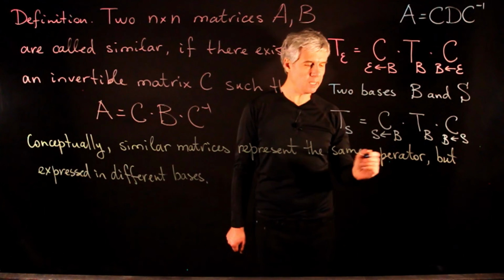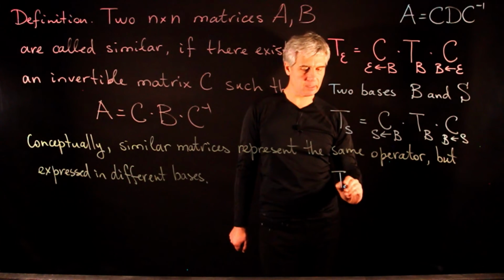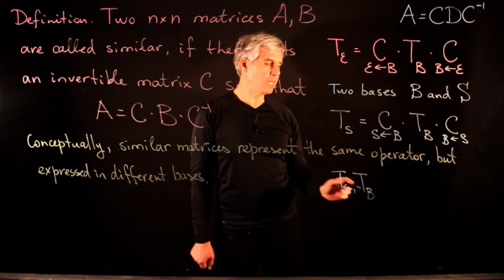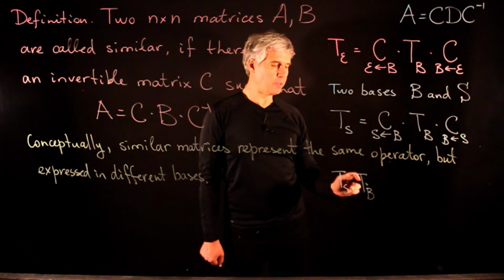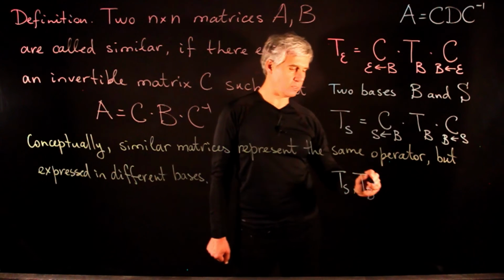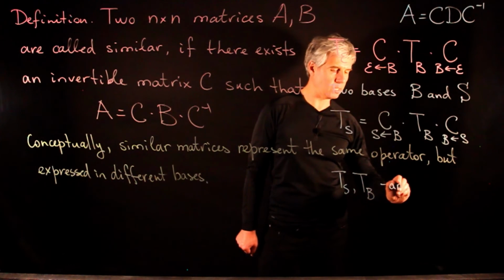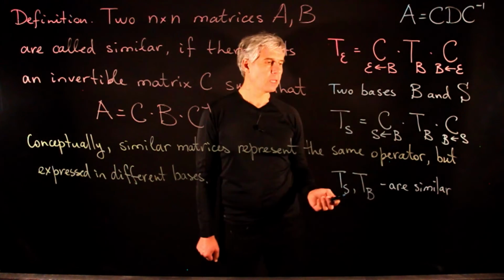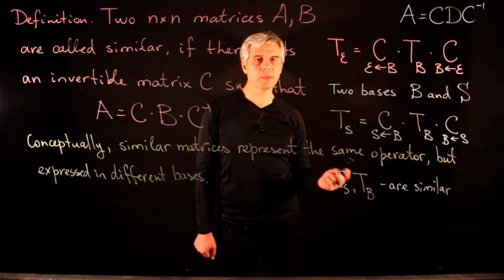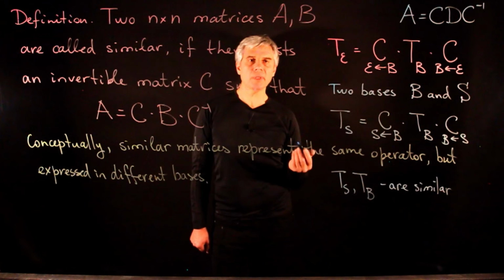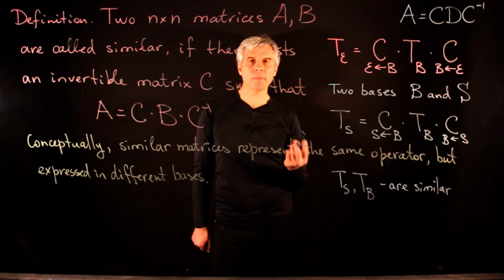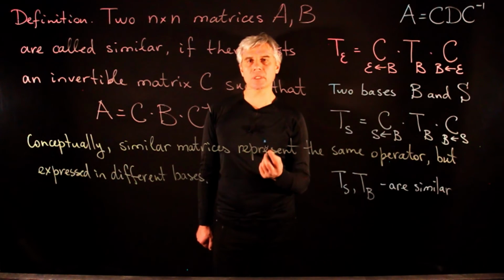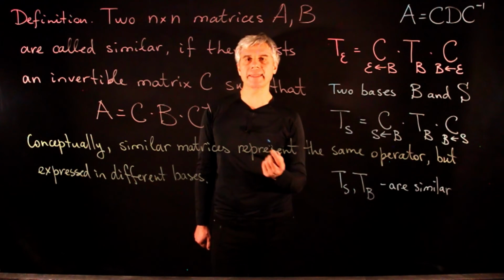And so what we see is that Ts and Tb, two matrices of the same operator but expressed in different bases, are similar. This is how we should think about similar matrices. And because similar matrices represent the same operator, they will have similar properties. And so this is something that we're going to investigate next.